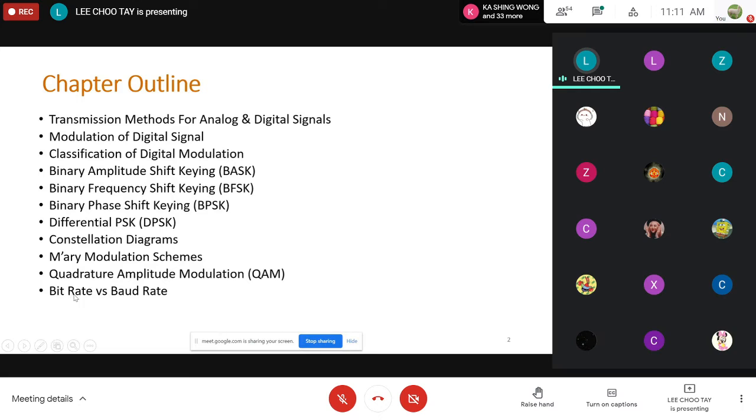You need to know the difference between bit rate and baud rate in order to calculate the bit rate for any modulation scheme. From here you should be able to work out the bandwidth. Another thing we need to be concerned with is the power. Bit rate is related to bandwidth as well as power, and so is baud rate.